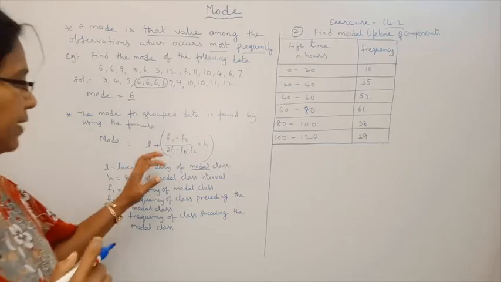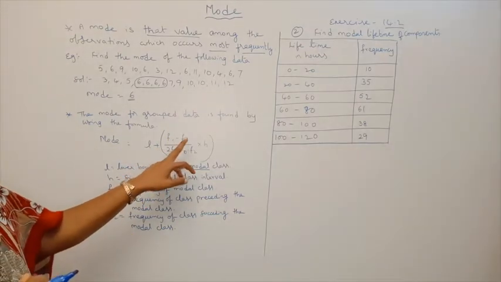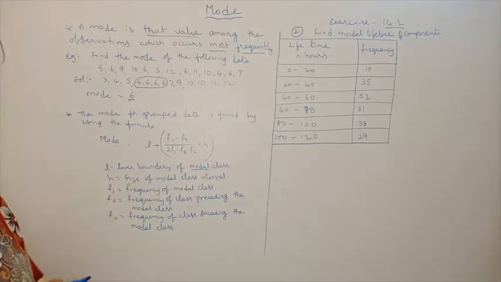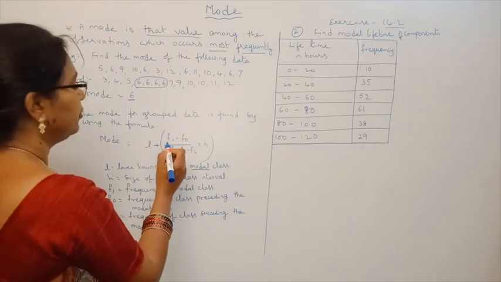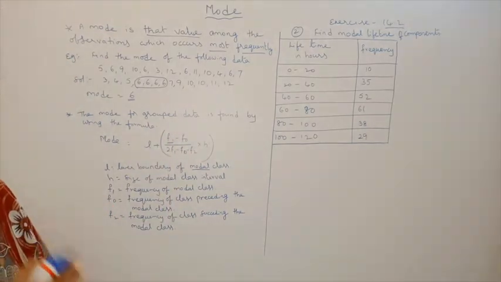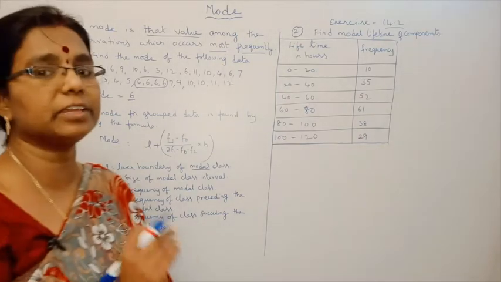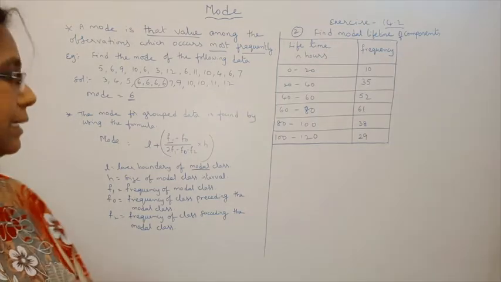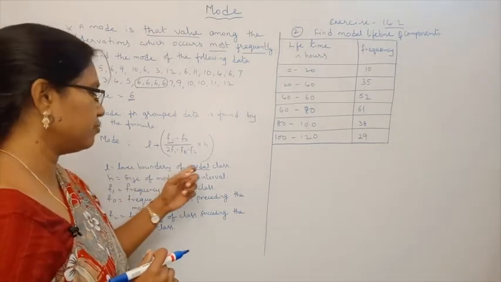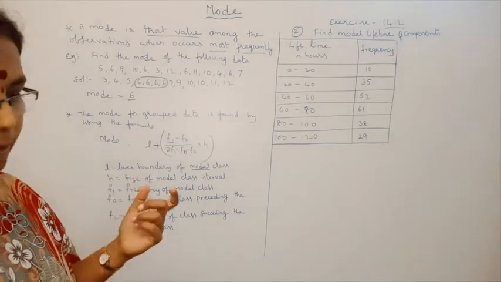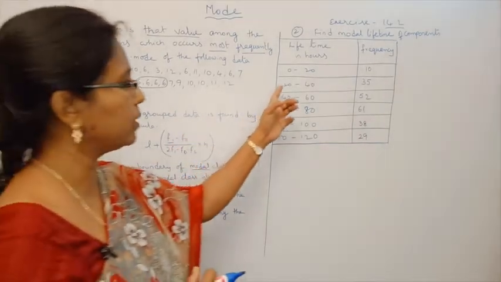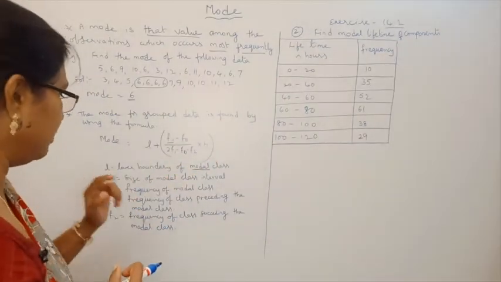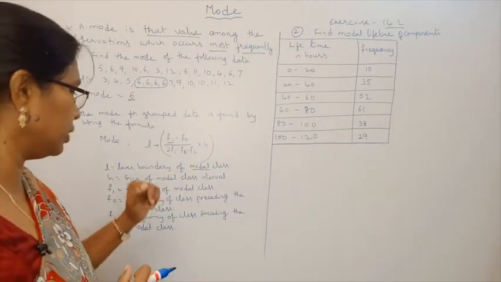Now, what is the formula? L plus (F1 minus F0) by (2F1 minus F0 minus F2) into H. F1 is the frequency of the modal class, the class interval with the highest frequency. Lower boundary of the modal class: a class interval has a lower boundary and an upper boundary; the lower boundary we call L. H is the size of the modal class.